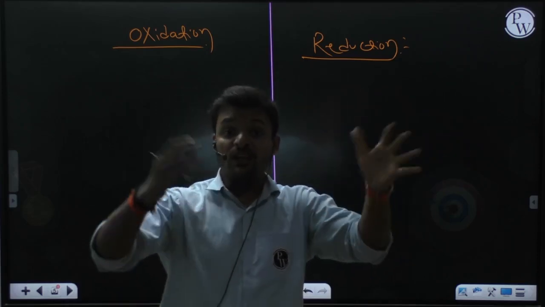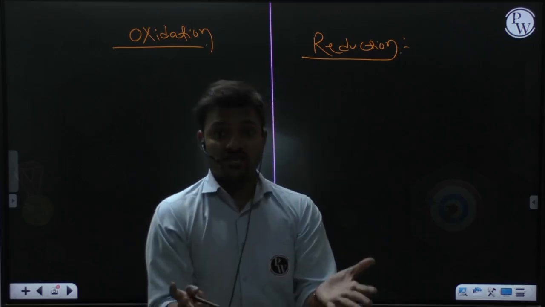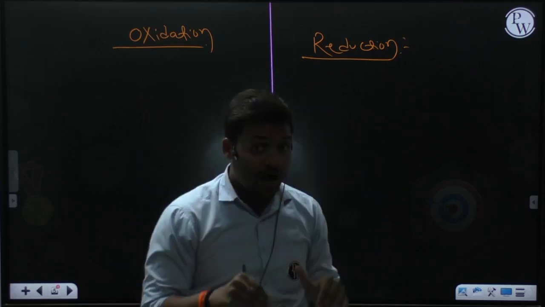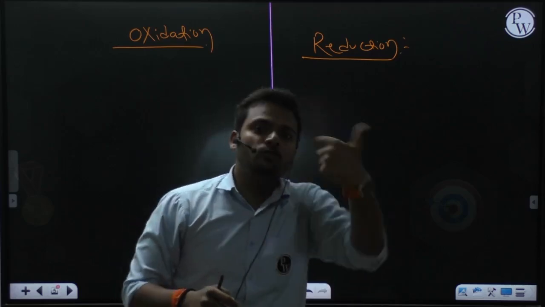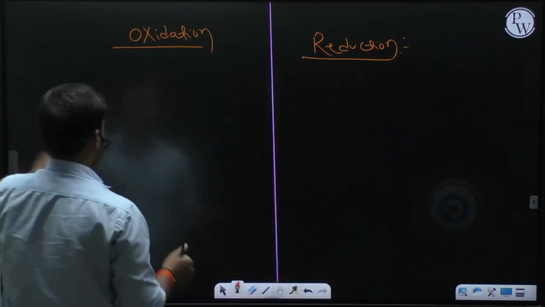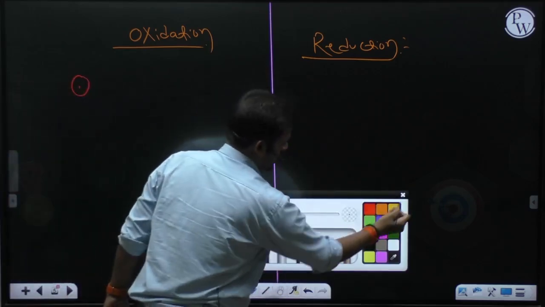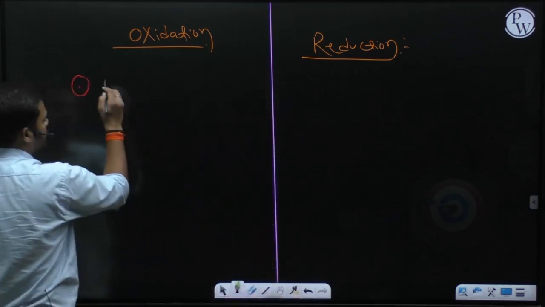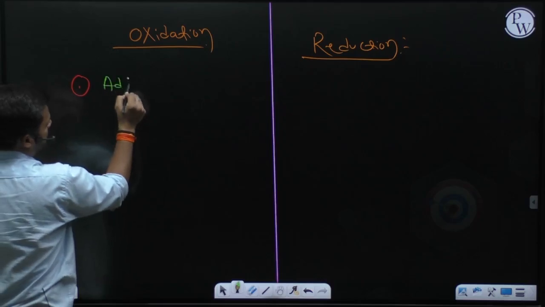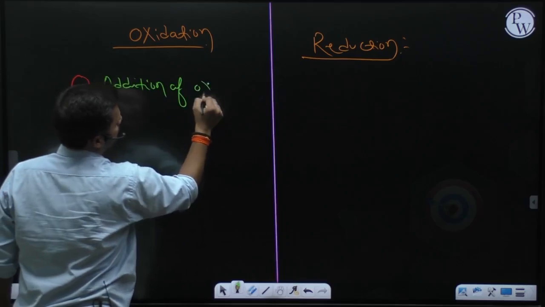Now the modern definitions, in which I am interested and you should also be interested, we'll be discussing now, but let us first write down the two previous definitions. So how did we define oxidation in our junior classes? Oxidation is defined as addition of oxygen, right?